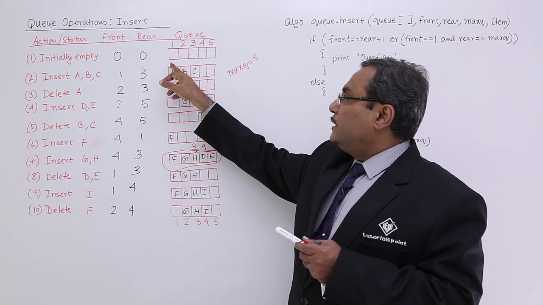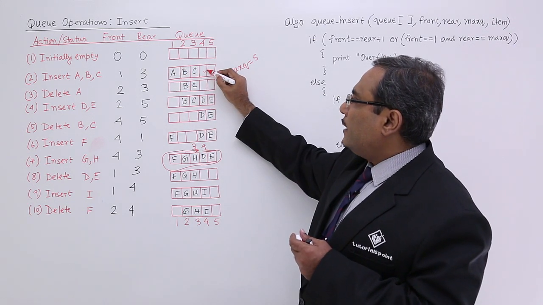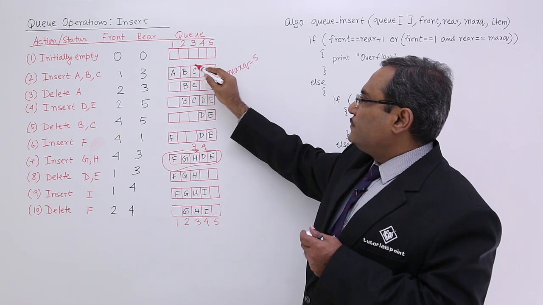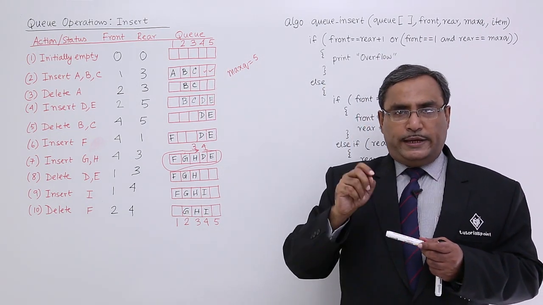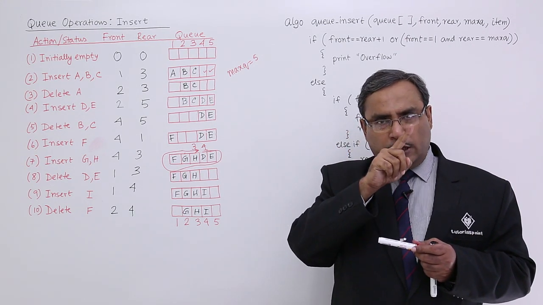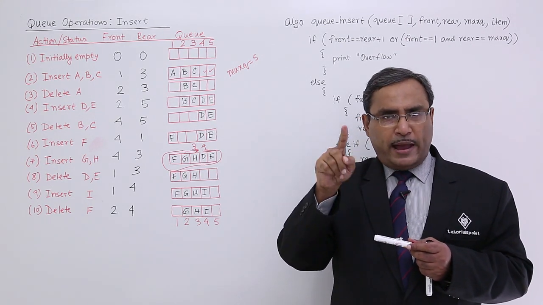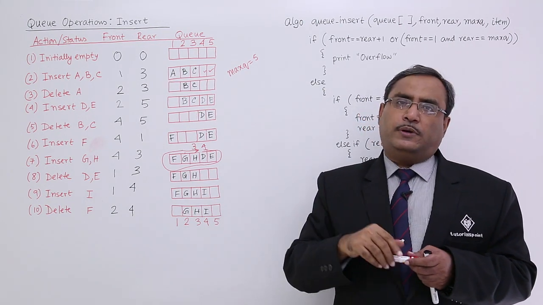When front is equal to 1 and rear is equal to 5, the queue is also completely filled up. So in our overflow check I have two conditions: one, front is equal to 1 and rear is equal to max queue, and the other, front is equal to rear plus 1.